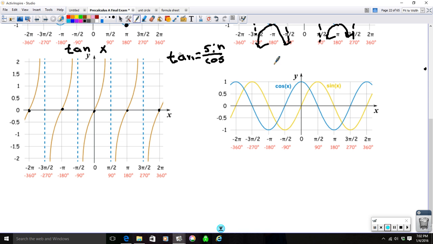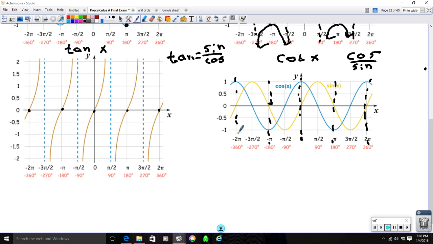The last one to do is cotangent of x. And again, cotangent we know is going to be cosine over sine. Probably could have started with this for the tangent one as well, but we'll just start from scratch on the cotangent. Where sine is equal to 0, we are going to put asymptotes. So we're putting asymptotes here, another asymptote here, here, and here.